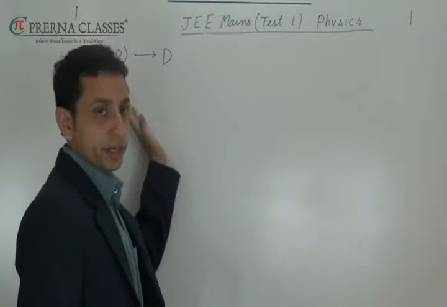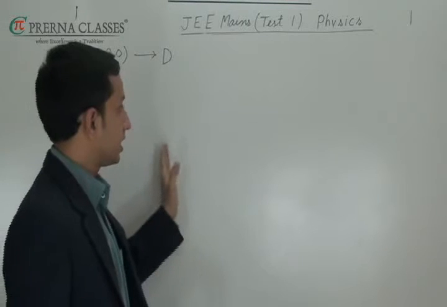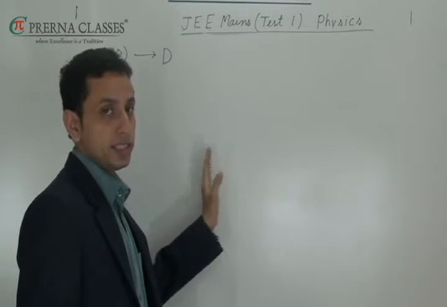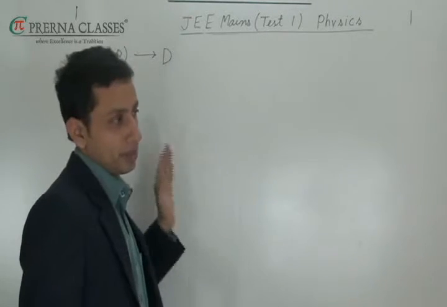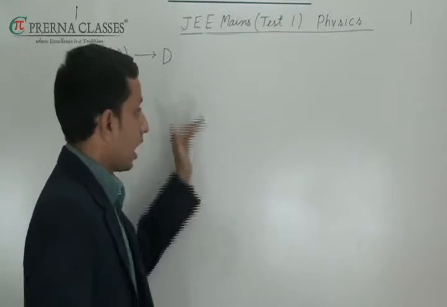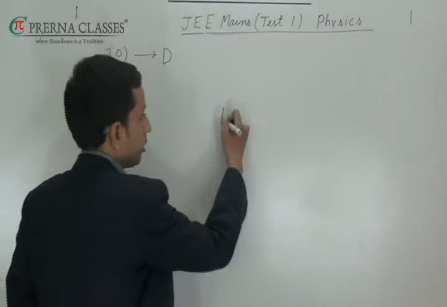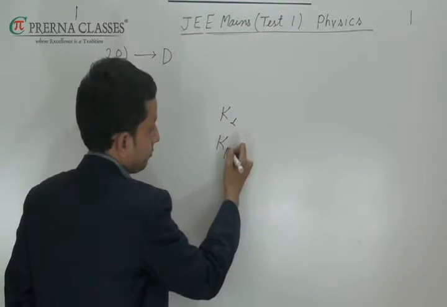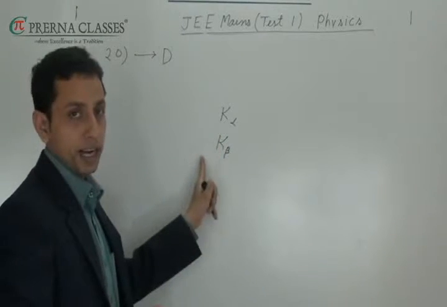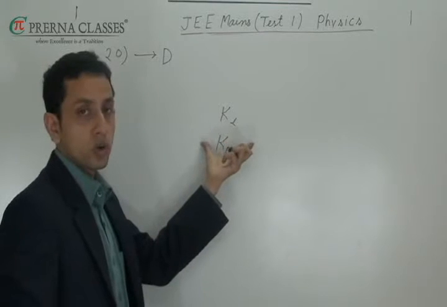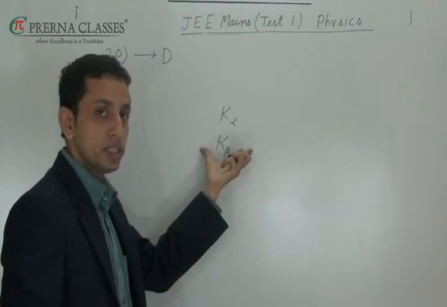Come to question number 20. In this question, it is written that if the potential difference across the Coolidge tube is increased, then what will happen? And 4 options are given, and we can see the options are regarding K alpha and K beta lines of X-ray. These lines are independent of the voltage applied across the Coolidge tube.